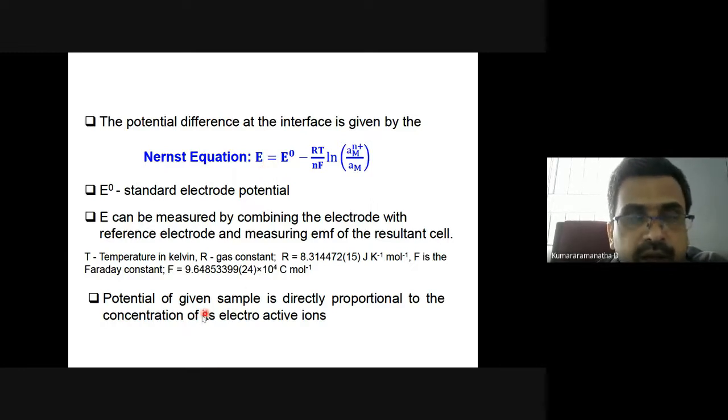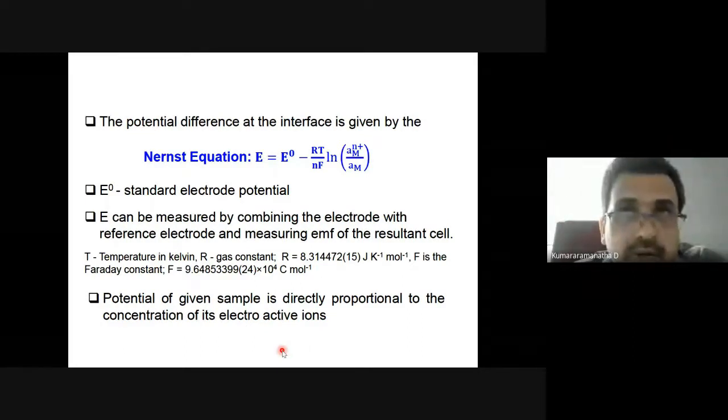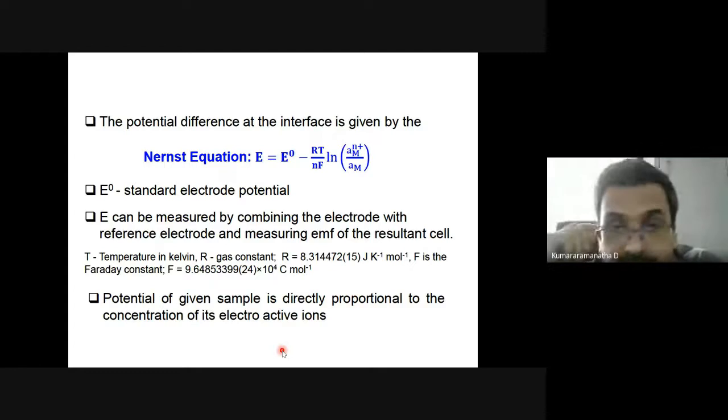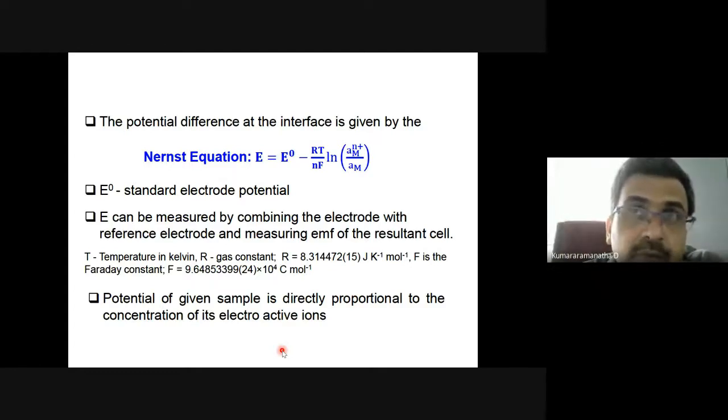Very, very important is that the potential of a given sample is proportional to the electroactive ions. For example, here in the titration we have done recently, we are looking at how much Fe2+ is being oxidized into Fe3+. So essentially we are looking only at the electroactive Fe2+ concentration.